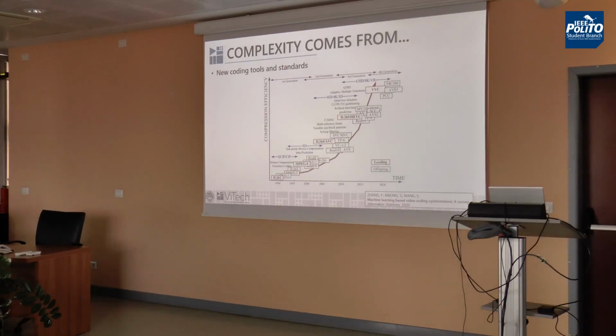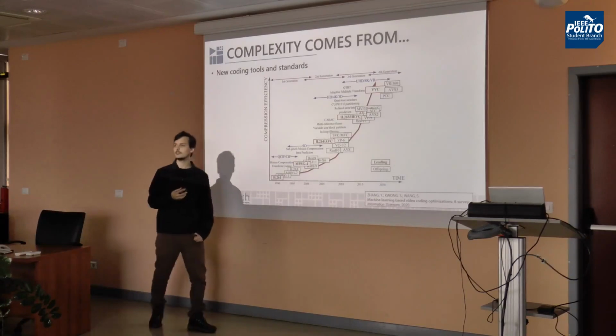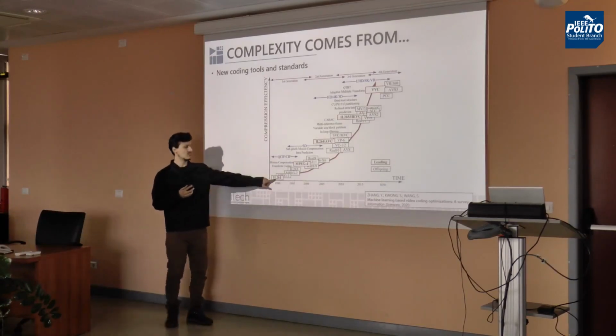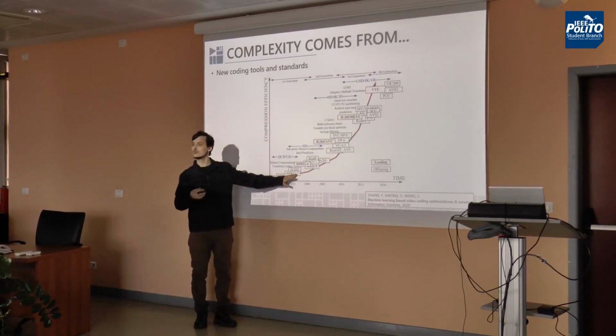To deal with this increasing complexity, of course, this plot is just about video, right? But we can add other technologies related, let's say, to encode light field, for instance. But here we can have a rough idea of the history of the video codecs. H.261, no one cares about. MPEG-2, this was really a big deal in terms of industry.